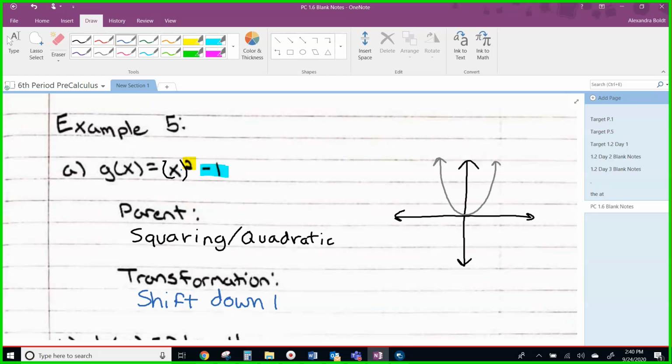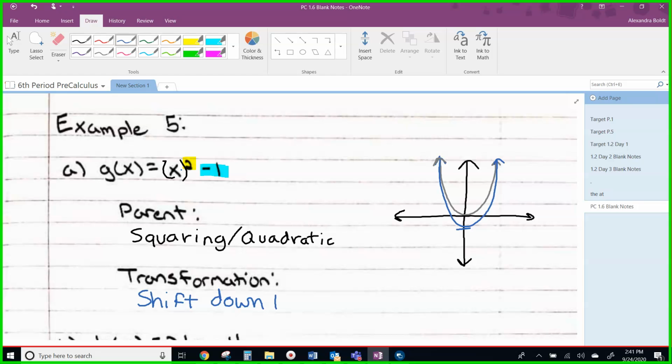So I'm going to graph this as well. So basically what I'm going to do is take this whole graph and just move it down 1. It still goes up forever, so even when you move it down 1, your arrows don't stop earlier, right?